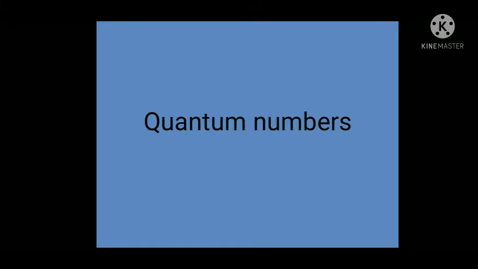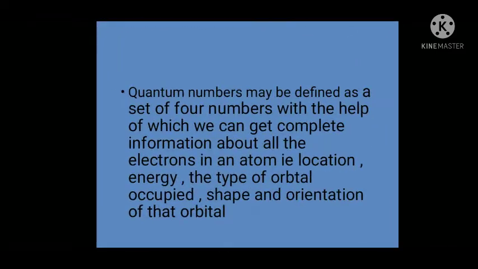The quantum numbers may be defined as a set of 4 numbers with the help of which we can get complete information about all electrons in an atom, that is, their location, their energy, the type of orbital they occupy, and the shape and orientation of that orbital. All these things we can identify from quantum numbers.